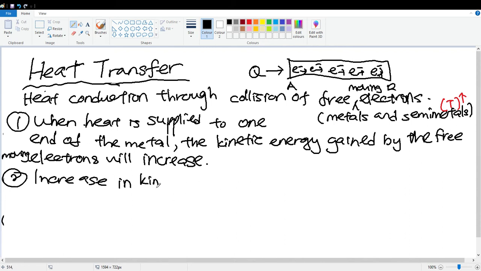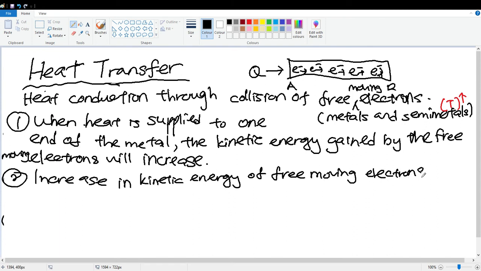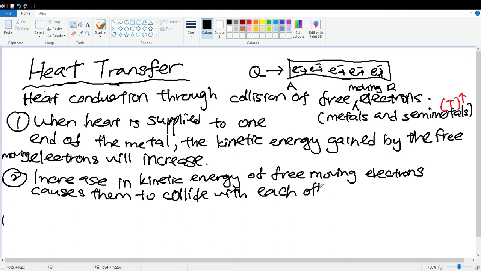An increase in kinetic energy of free moving electrons causes them to collide with each other.